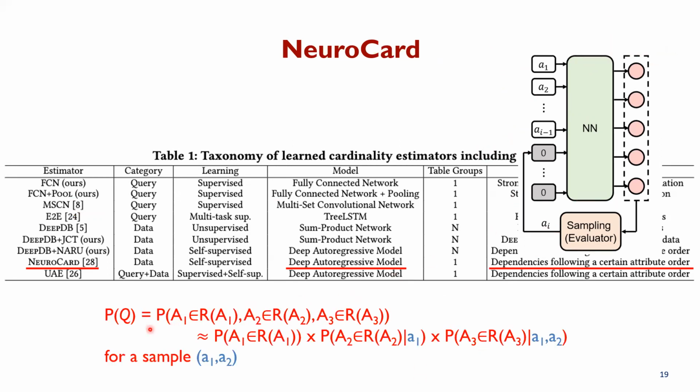Then it estimates the query density by factorizing it into multiple conditional densities given some sample. So if we have 3 attributes, we have 3 factors given this sample A1, A2.